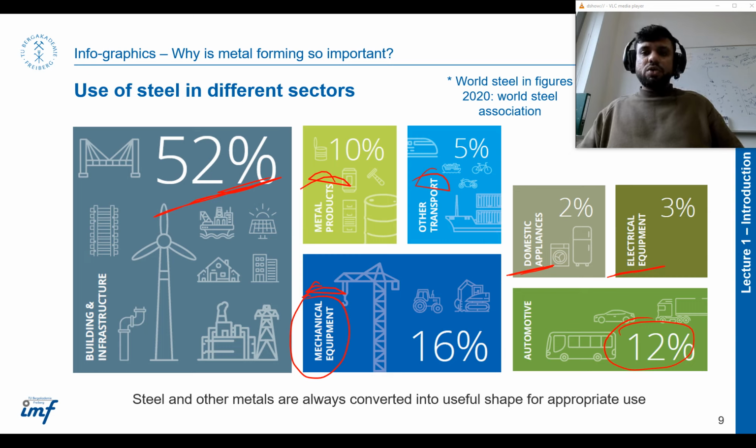But when we talk about the other demographics, steel is not usually produced in the form of sheets or bars. It is usually produced in the form of big blocks from molten metal. It is transferred into big blocks, which are then converted into bars and wires and sheets and other shapes, which are then used in these industries.